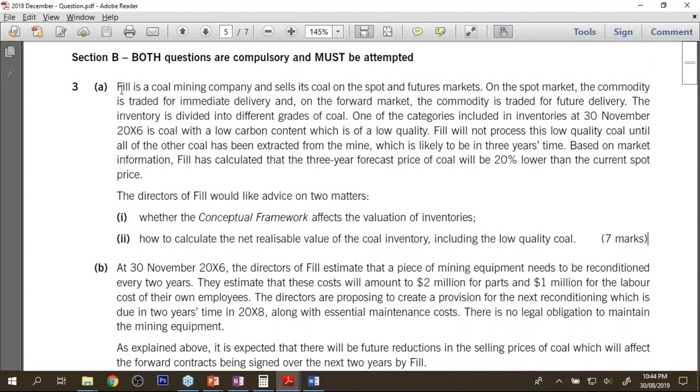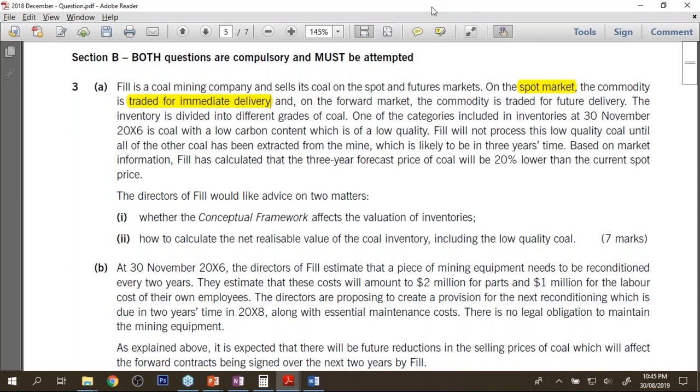It says Phil is a coal mining company and sells its coal on the spot and future markets. So we are selling coal on the spot market. The commodity is traded for immediate delivery. In the spot market means that we are going to immediately deliver the coal to the customer.